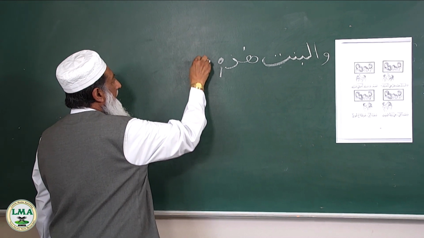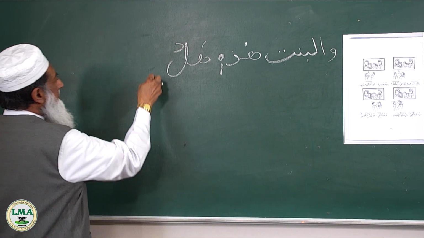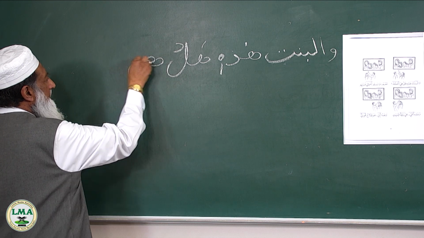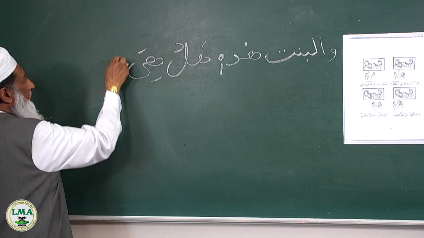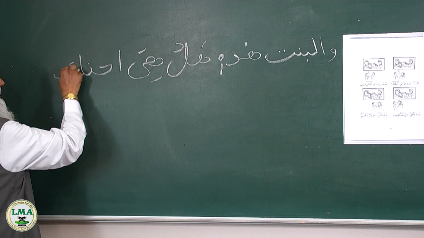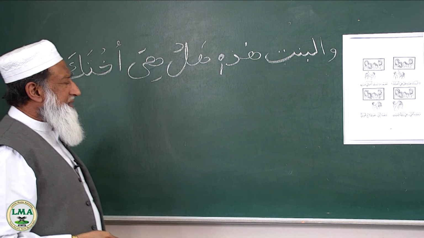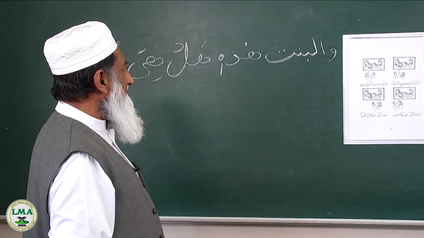And hal is our question word. The next one there, we had huwa in the previous one, here we got ukhtuka. Sounds like a big sentence, but it's quite easy.